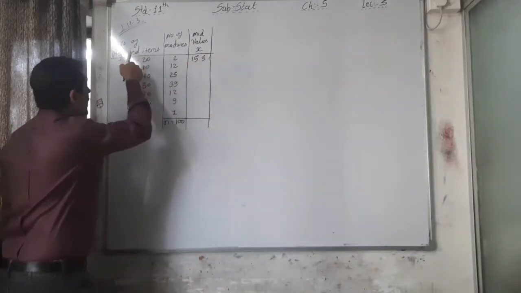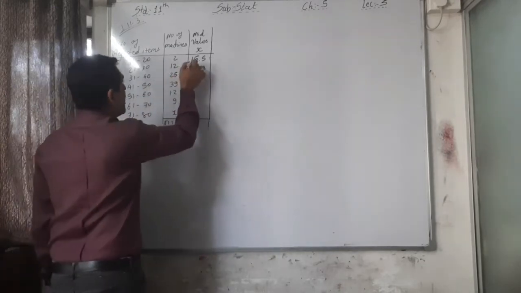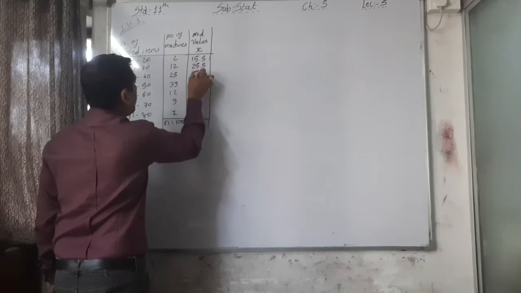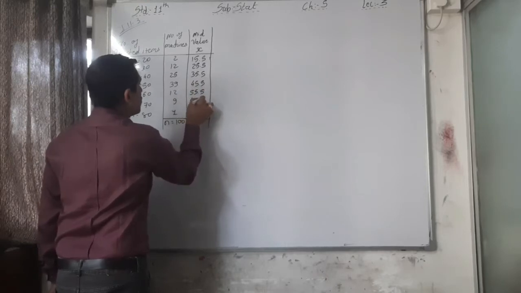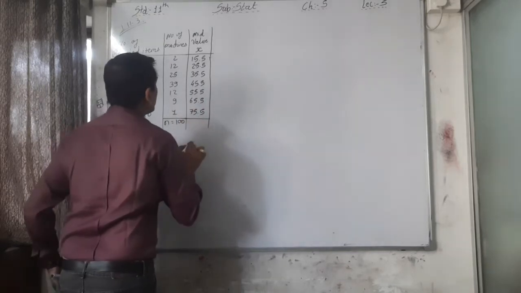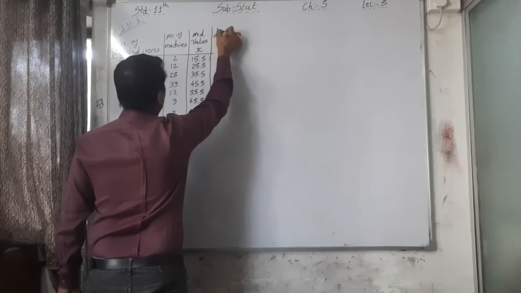Then 10 is the class length in every class, that's why just add 10: 25.5, 35.5, 45.5. Just add 10 to find the next mid values. Now di, the shortcut method, xi minus a upon c.